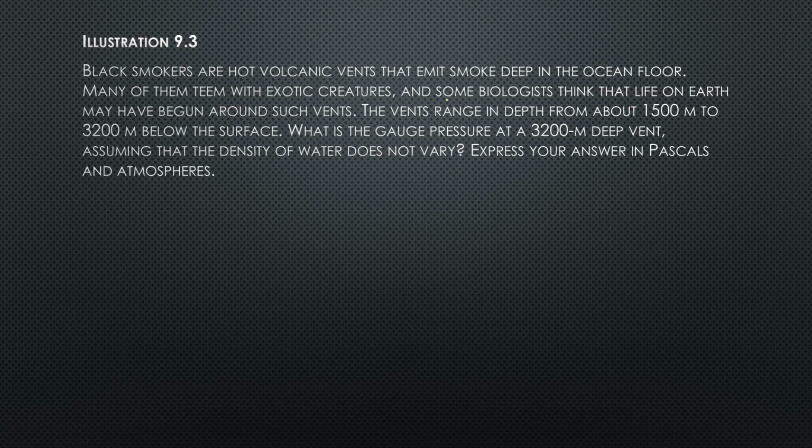The vents range in depth from about 1,500 meters to 3,200 meters below the surface. What is the gauge pressure at a depth of 3,200 meters? Assuming that the density of water does not vary, express your answer in Pascal and atmospheres.